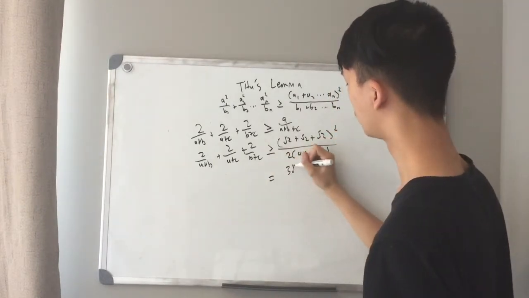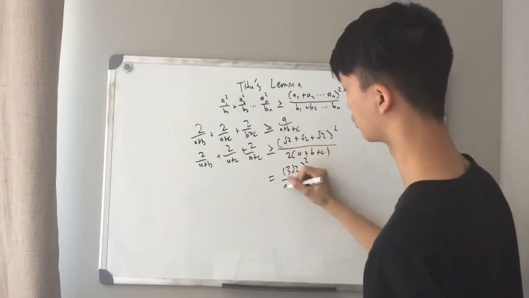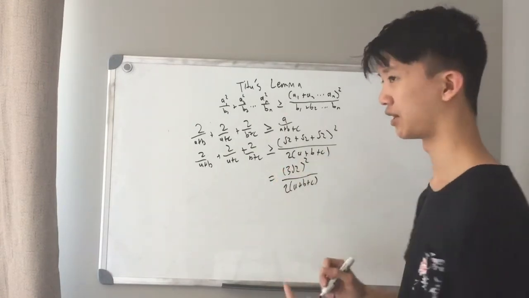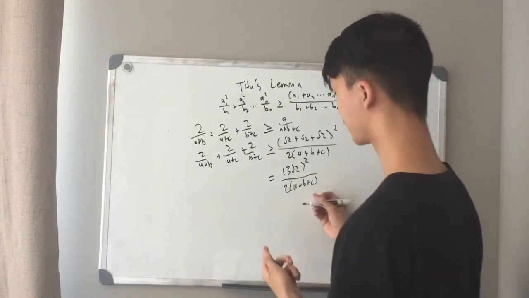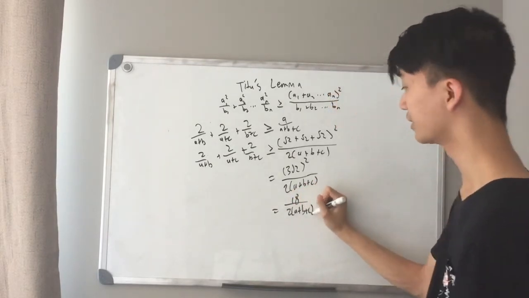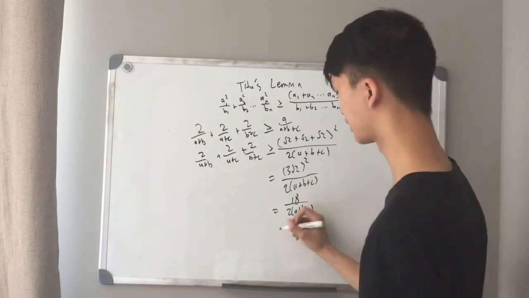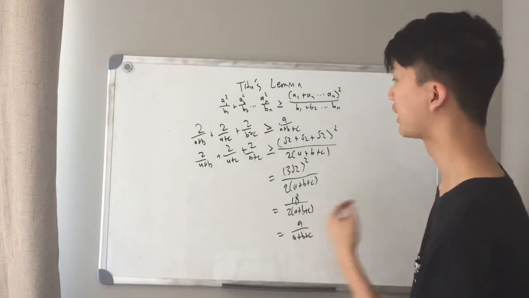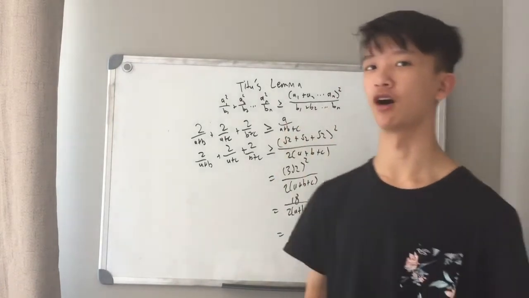And since we know that root 2 plus root 2 plus root 2 is equal to 3 root 2, we can then square this to get 9 times 2. And so we get 18 over 2 times a plus b plus c. We can then divide by 2 to get 9 over a plus b plus c. And so we have proven this inequality and we are done.